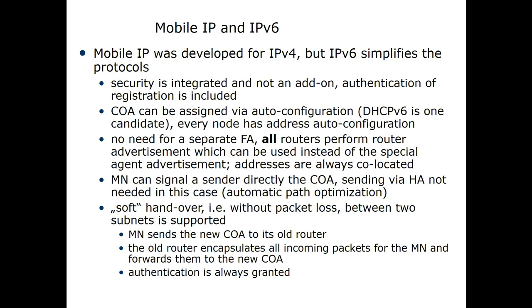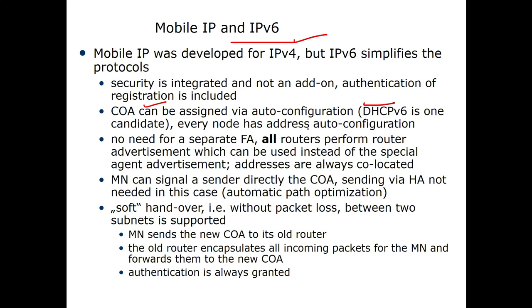And this is mobile IP and IPv6. In mobile IP and IPv6, we go for IPv6, which simplifies the protocol. And here the care-of address can be assigned automatically. Through Dynamic Host Configuration Protocol version 6, we can do the overall node delivery transfer process.